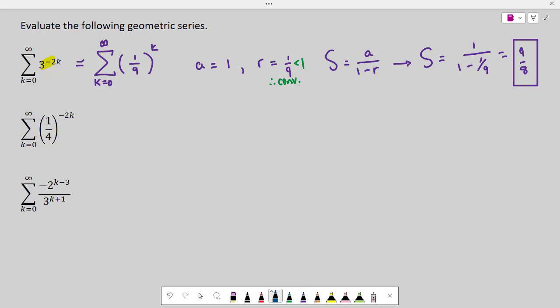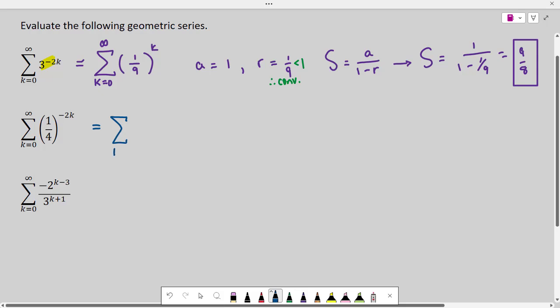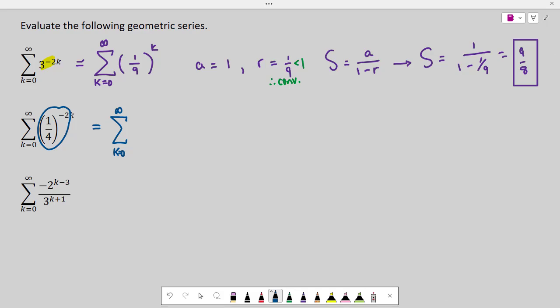All right, how about this one? Same idea here. We need to rewrite this so that it's in standard form. Same type of thing. We're going to take that negative 2 and apply it, so we're going to flip it. What are we going to get when we do this? 16 to the k, which is bigger than 1.